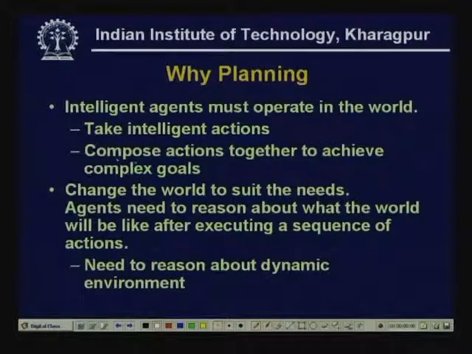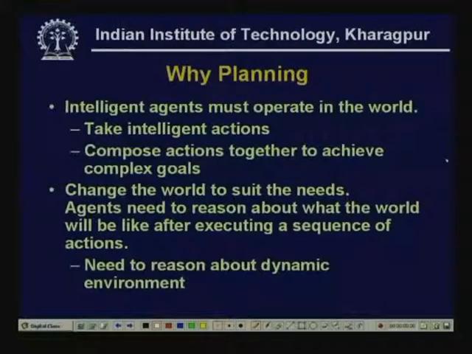And additionally, the agent will like to compose more than one action, a set of actions together to achieve complex goals. So, in order to change the world to suit its needs, agents will need to know the behavior of the world. They need to know how the world changes as a consequence of the different actions that can be taken in the world.